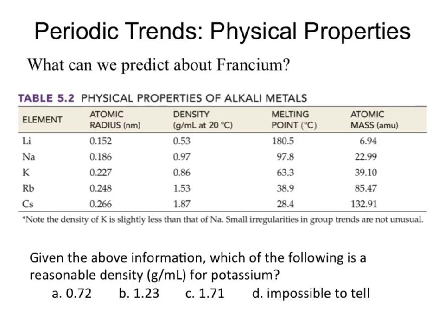It does not make sense for the density to go down. It does not match the standard trend of all the other ones. So 0.72 does not make sense. 1.23 goes up. It should go up. 1.7, it went up higher than the other one. 1.7 doesn't make sense. The best guess is 1.23.